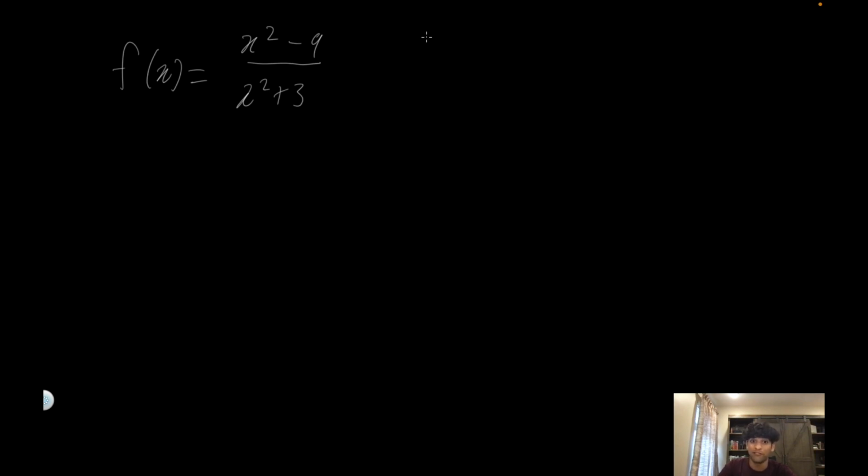So the numerator can be factored into (x minus 3) and (x plus 3). Now, this can't be factored down, so this just remains x squared plus 3. So, in this case, we can't cancel any terms out, so therefore this would be classified as a non-removable discontinuity.